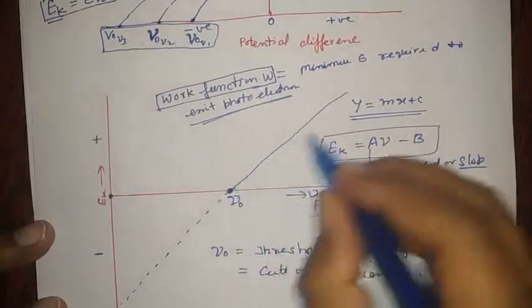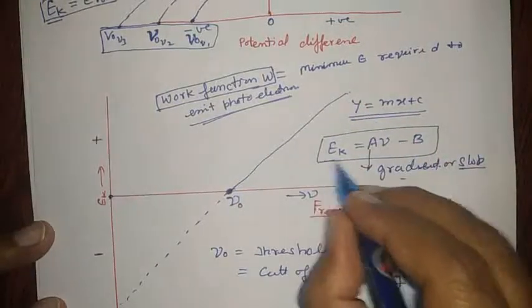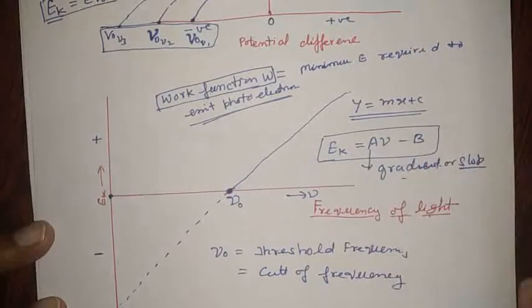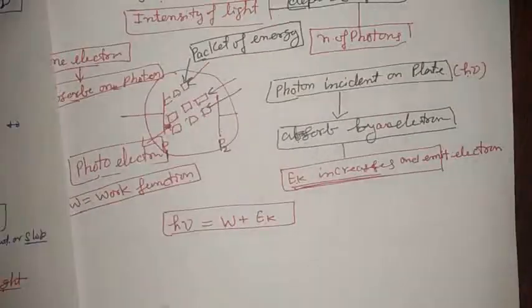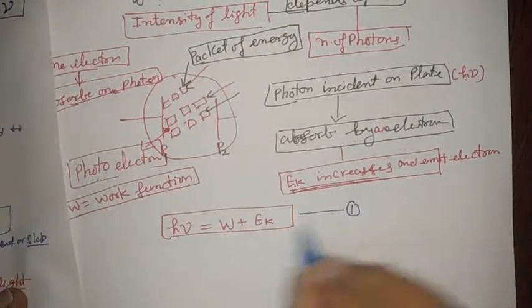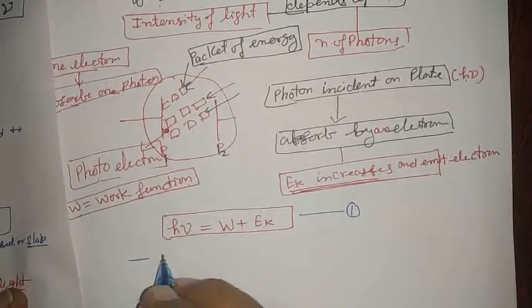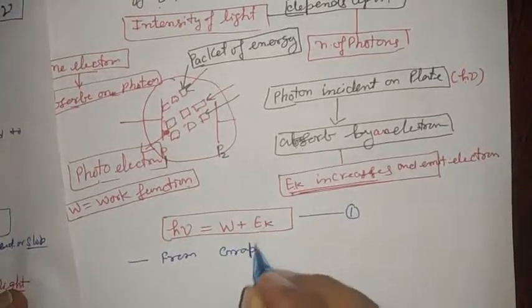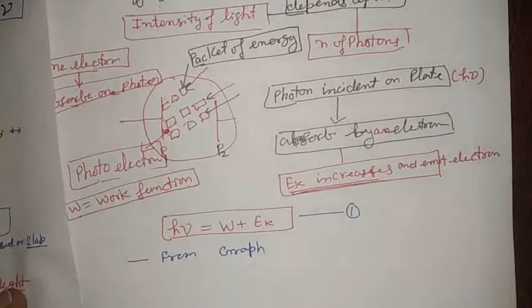A straight line is obtained whose equation was Ek is equal to A nu minus B. Let this equation be 1, and another equation from the graph. Which graph is this?